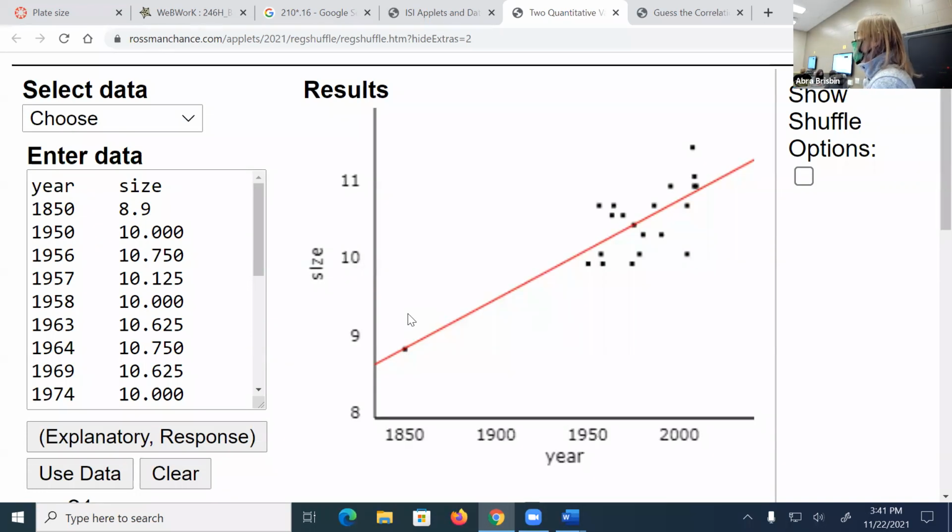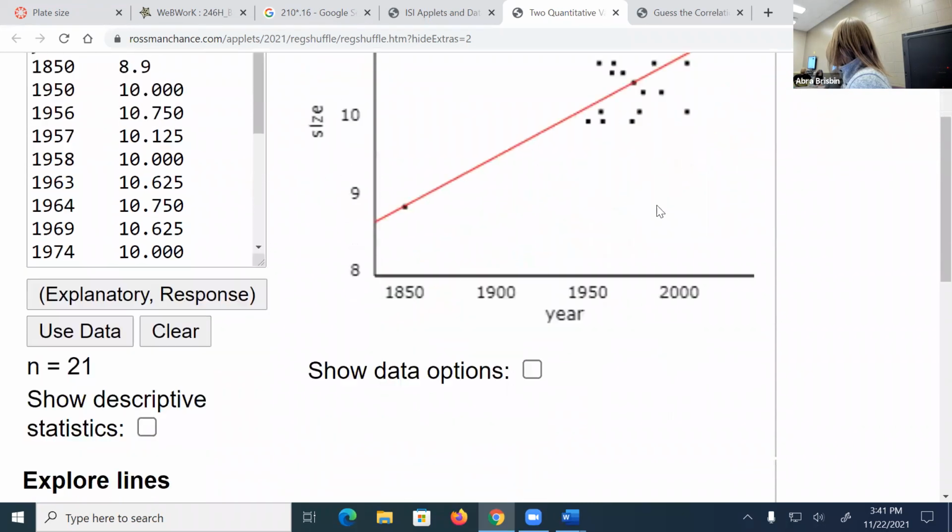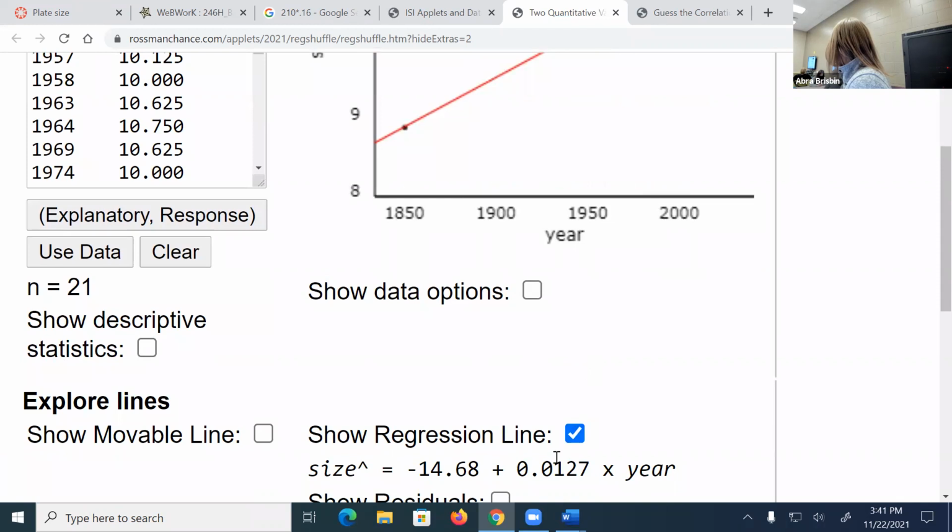But it actually looks like it follows the trend of the rest of the points pretty well, in that it's in a position such that it supports the general upward trend of the data. And if you look at the regression line, the slope actually didn't change very much. It went from 0.0128 to 0.0127.